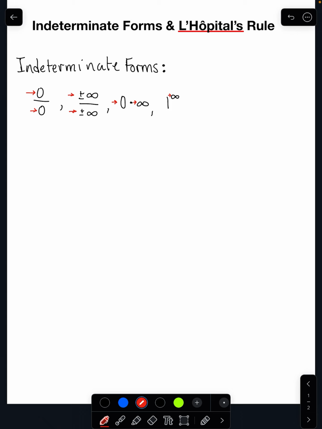Any base larger than 1 represents a growth function, and as the exponent approaches infinity, that function should approach infinity. So in the case of a base that is larger than 1, this should approach infinity. On the other hand, a decay function, when the base is smaller than 1 but still positive, approaches 0 as the exponent approaches infinity.